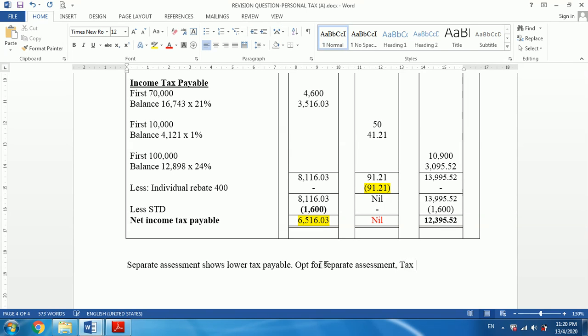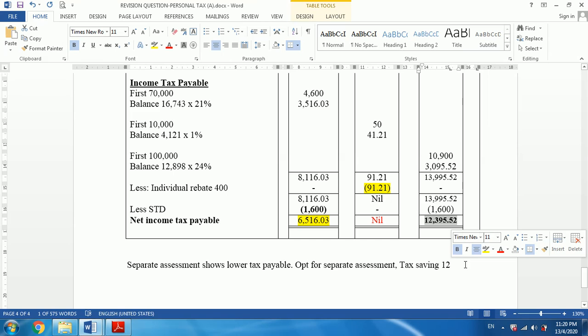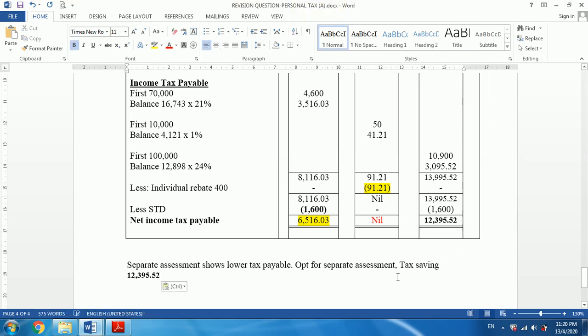If they choose separate assessment, there will be a tax saving from 12,395. If they choose separate, they need to pay only 6,500 plus. So in this case, there will be a tax saving of 5,879.49.